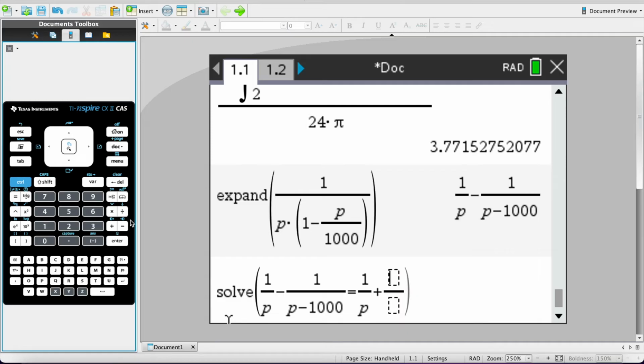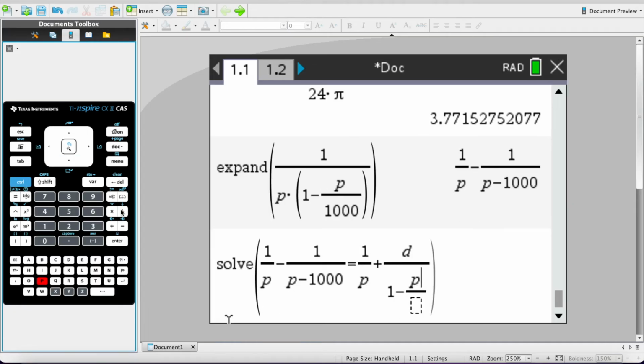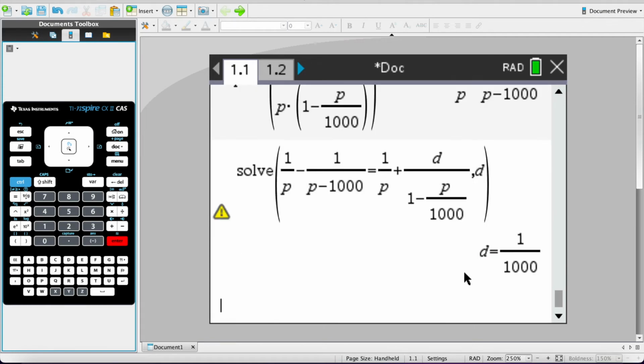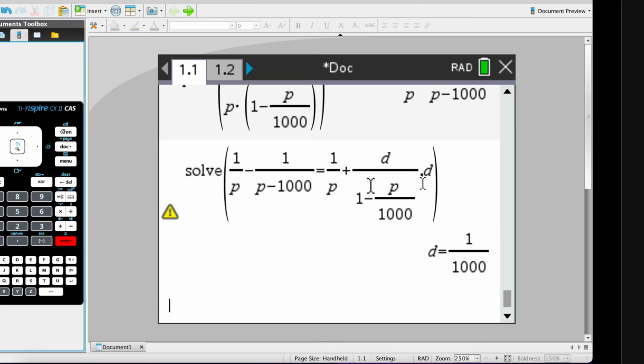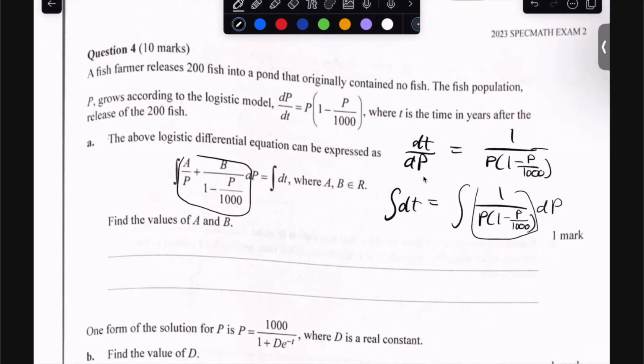I've got b defined as something, so I'll say d. 1 on d on 1 minus p on 1000, and solve for d, and d is 1 on 1000. Yeah. So it's 1 mark, so a is 1, and b is 1 on 1000. I think, yeah.